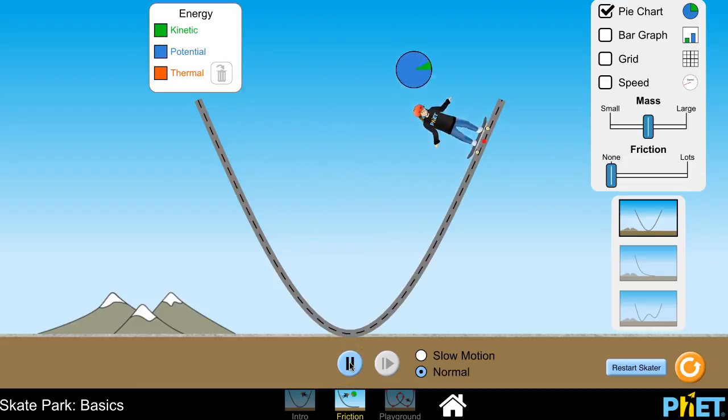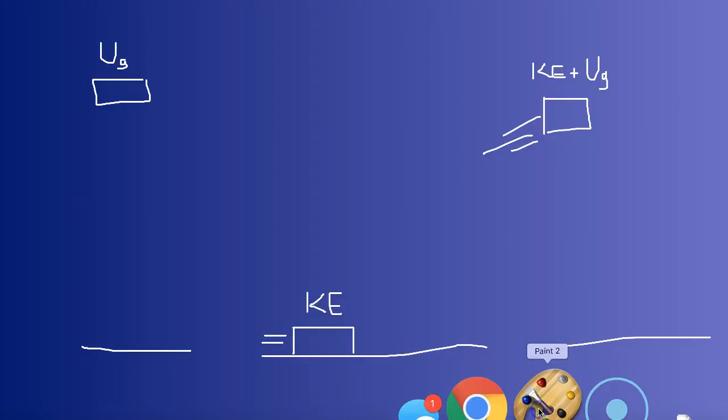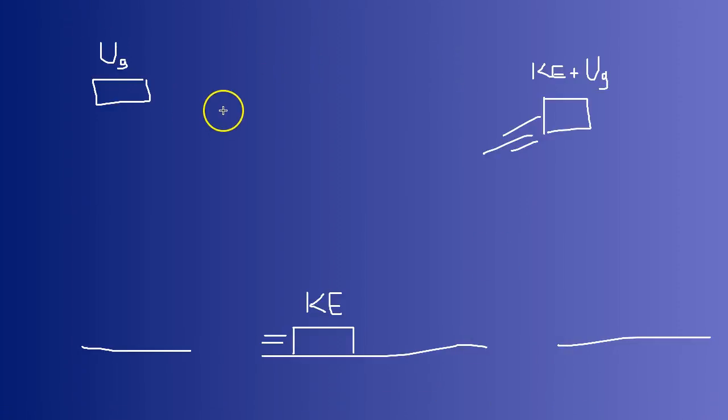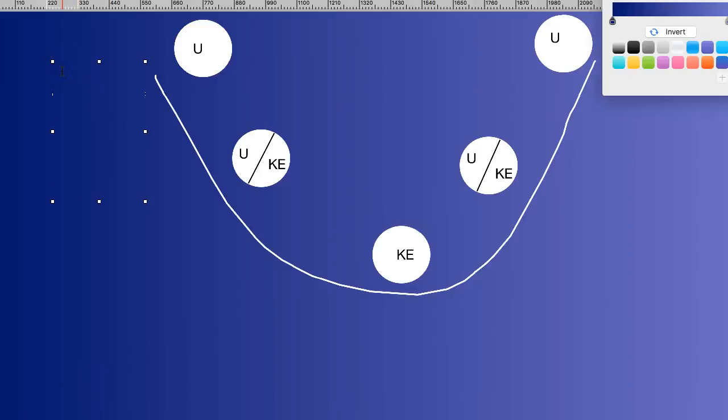Okay? And so what we'll do now is diagram this just to see how it would look, and we'll also look at those charts real quick. Here I've drawn those energy pie charts for you to look at. We have that interchange between gravitational potential energy and kinetic energy, and then we'll go ahead and define the system.